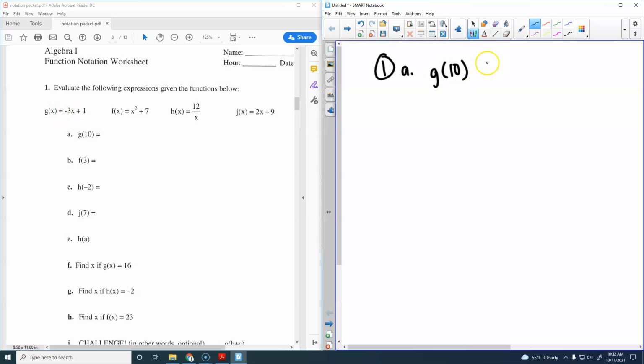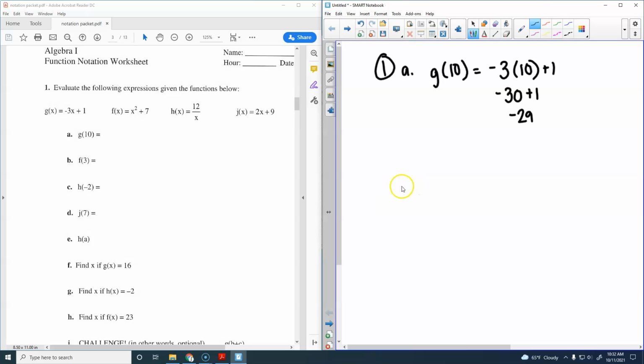You're using the g formula, which is negative 3 times x plus 1. So you just replace that x with a 10, plus 1. So you're going to get negative 30 plus 1, which will give you negative 29. So for 1A on that second sheet, you should have negative 29. Right? So those first ones are really just straightforward. You're just plugging into whichever function it tells you to plug in.